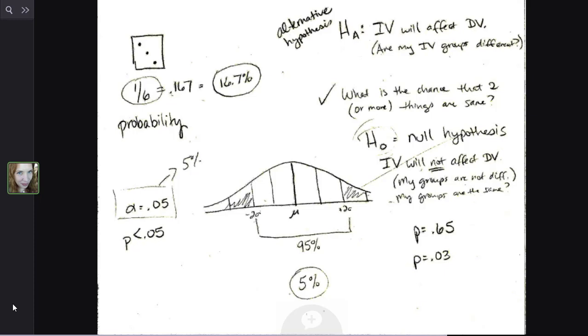Does that logic kind of make sense? That's all you're doing. That's everything that they tried to teach you in stats. That's why you compare it back to the 0.05. That's why you have these weird normal curves that your teacher made you draw. What you're saying is, when I have these groups, what's the chance that they're different? What's the chance that they're the same?